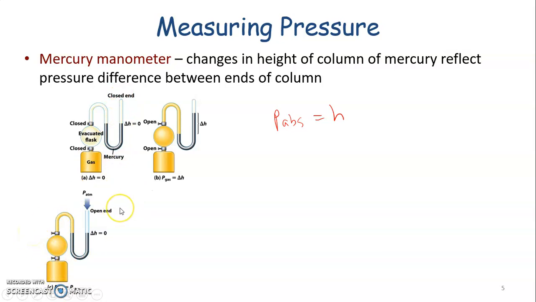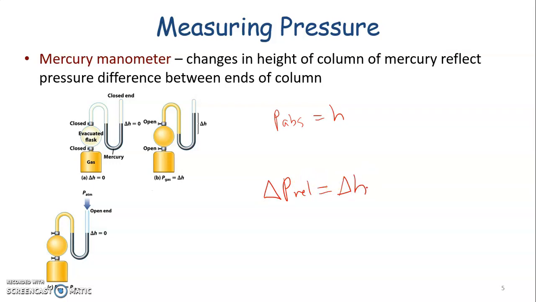And so now when you do it this way, what happens is you're actually measuring the relative pressure inside there. So instead of absolute, you measure the pressure relative. And so now the change in the pressure is equal to the change in the height of the mercury column.